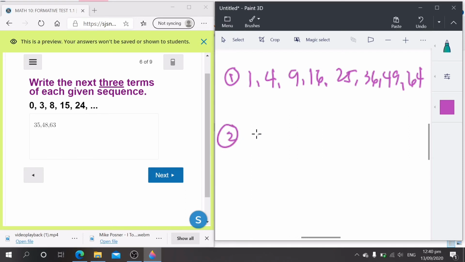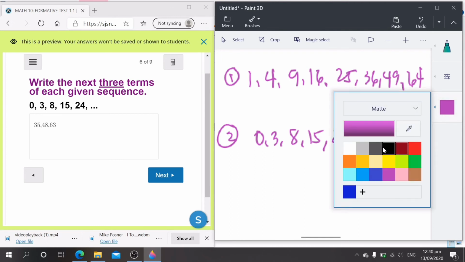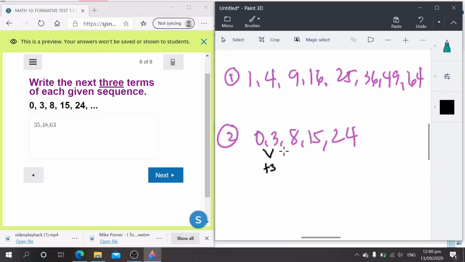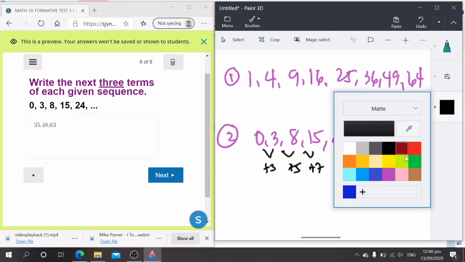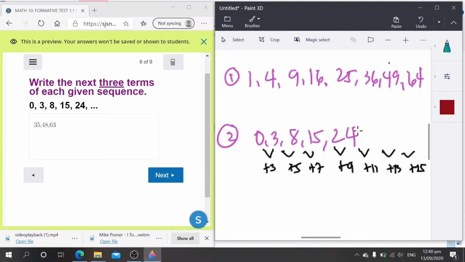Or, you could have used the difference. If you observed the difference, that's fine too. Again, it depends on what you saw. So, here, we just added 3. Here, we added 5. Here, we added 7. Here, we added 9. So, we are sure that next we add 11, then 13, and 15. For 24 plus 11 is 35.